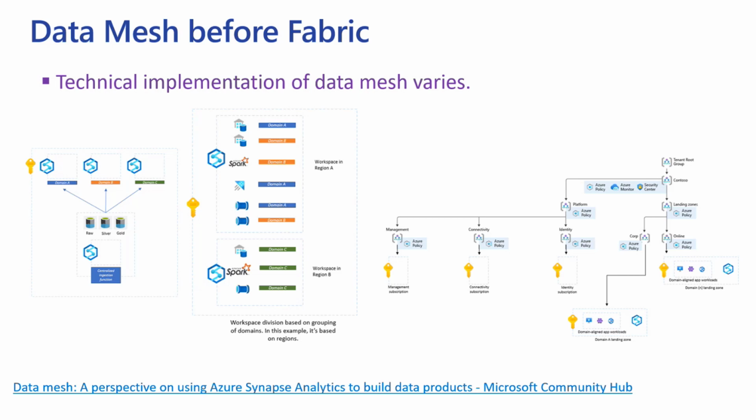We can also have a single workspace or different workspaces in different regions, and within that we can create different domains. But we also need to have aspects such as security and network to integrate those. And we have other aspects, such as implementing connectivity, Azure policies, firewall rules, and all that stuff that are part of the data mesh architecture.